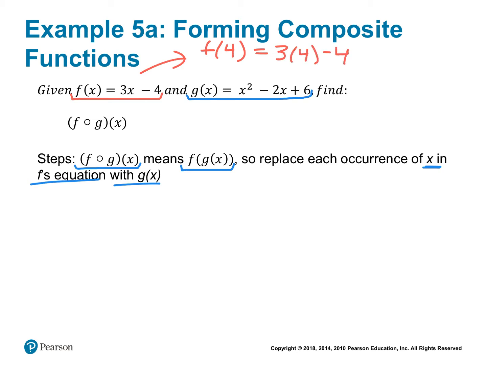So this time, instead of a number, we're replacing it with the entire function g of x. So we're going to take f's formula and each occurrence of x I'm going to replace with g of x.